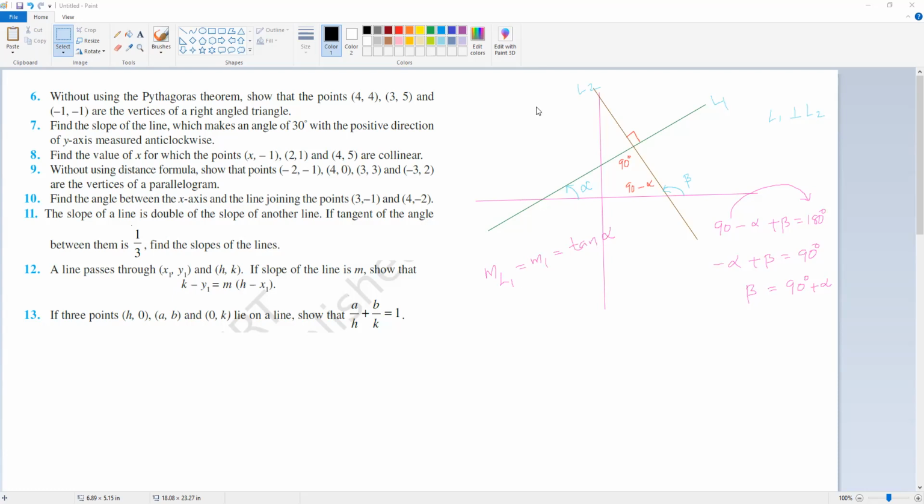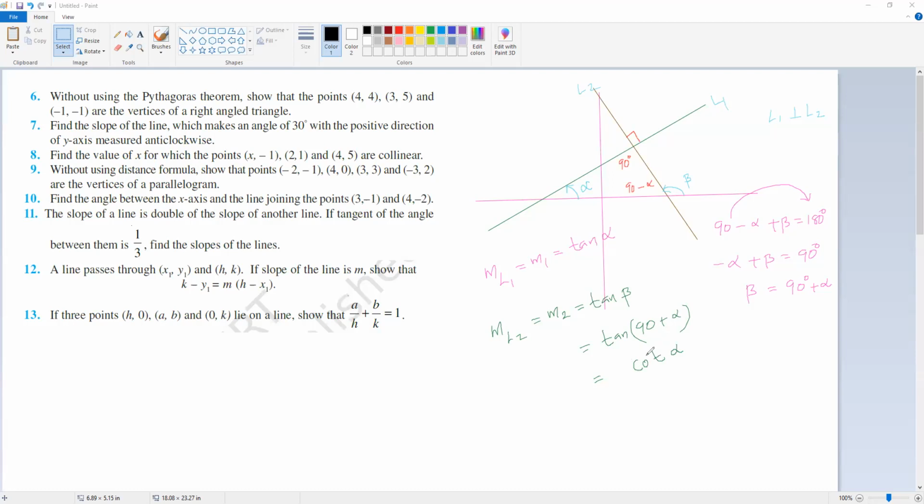Now slope of the second line, call it m2, which is tan beta, but I told you beta is the same as 90 plus alpha. Now tan of 90 plus alpha, I told you the technique for 90 plus and minus, 270 plus and minus: tan becomes cot, so cot alpha.